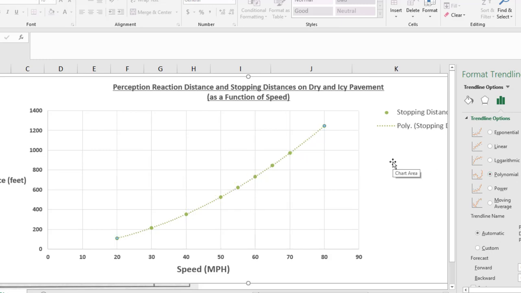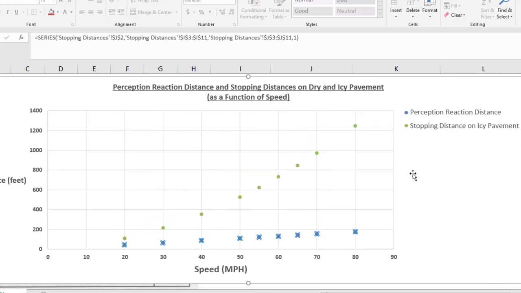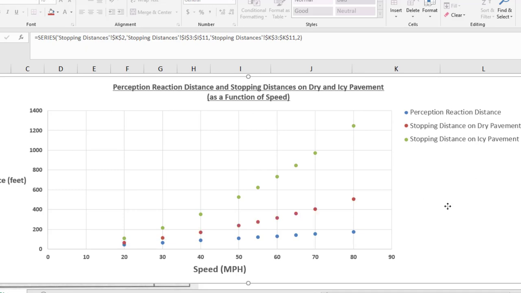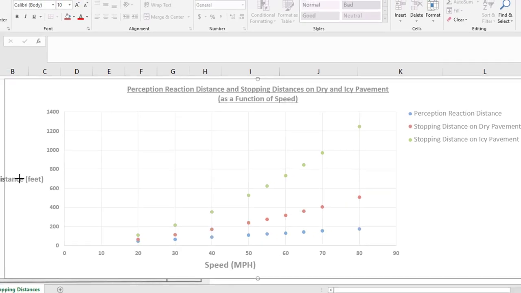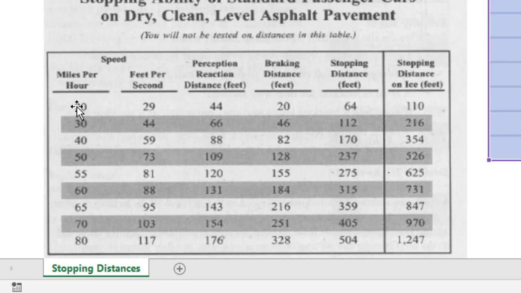Looks fantastic. So the idea is not so much to know why braking distance is quadratic. You could actually check that braking distance is quadratic if you look back at the original data. Check this out. If you zoom in right here, look at the braking distance. At 20 miles an hour, braking distance is 20 feet.